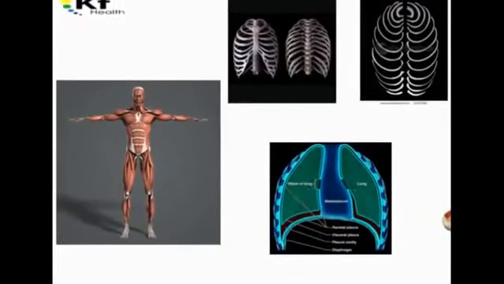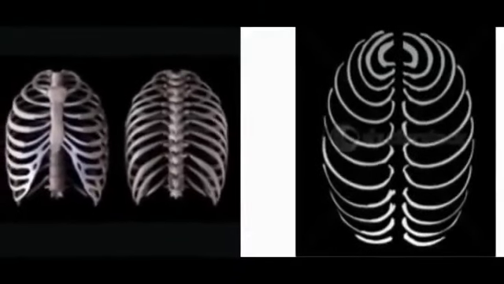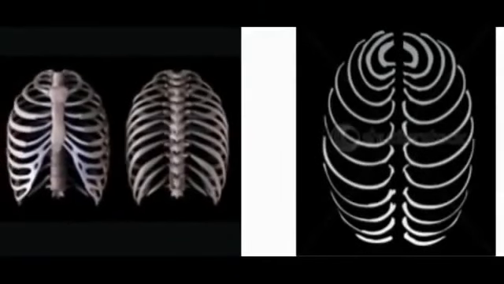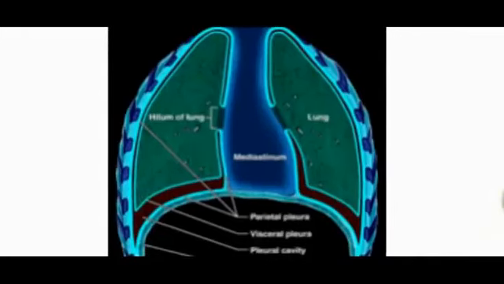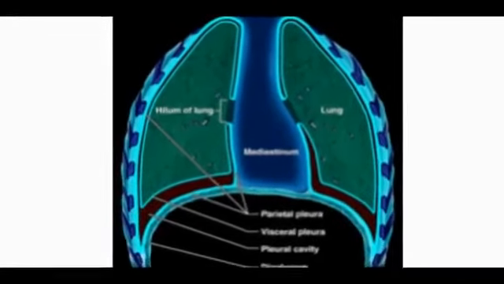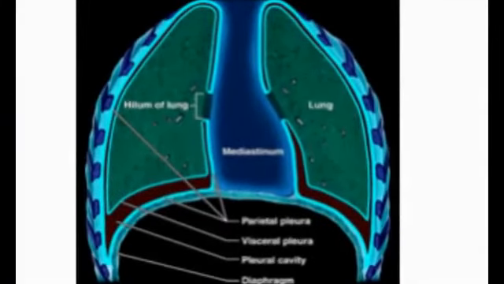So actually the left and right side of our rib cage is like the left and right side of our brain. In the middle, we have all the internal organs inside of our rib cage.